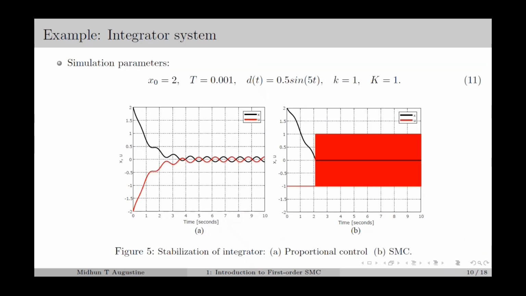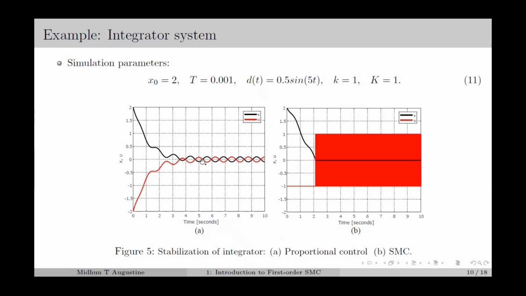Next, we consider the simulation of the integrator system with a sinusoidal disturbance as given here. The initial state is chosen as 2, and the proportional gain and switching gain are chosen as 1. Figure 5a shows the response with the proportional controller, and here we can see that the state x starts from the initial value 2 and converges. However, due to the disturbance, it does not converge exactly to 0.